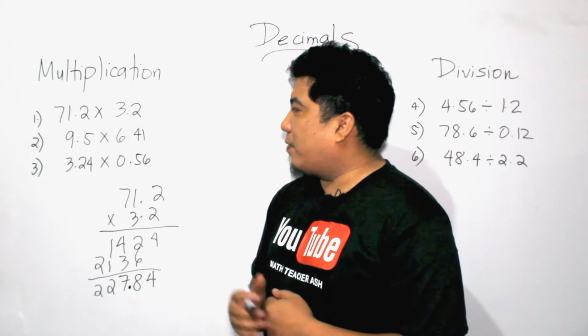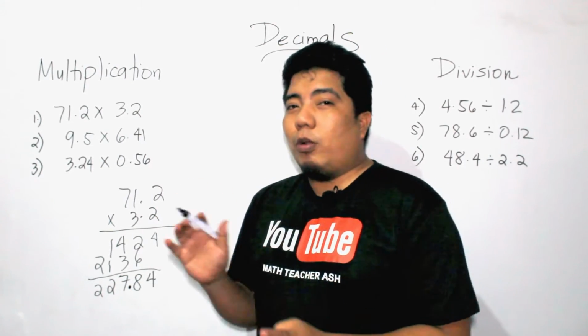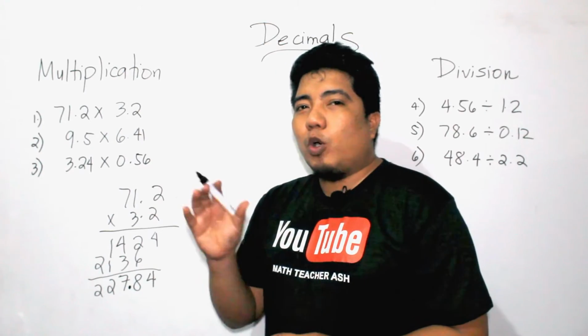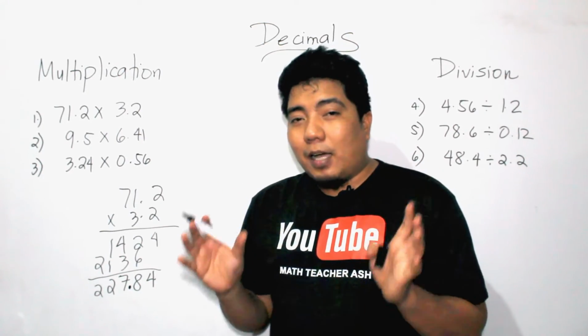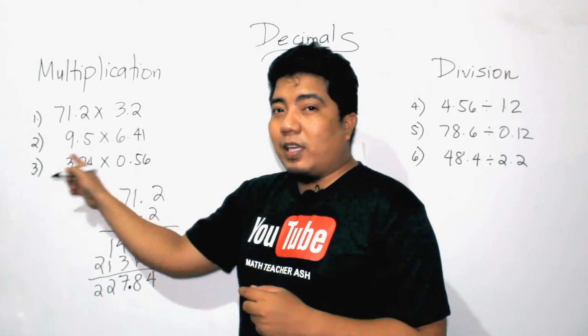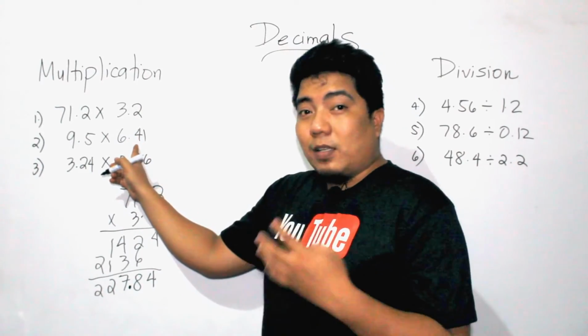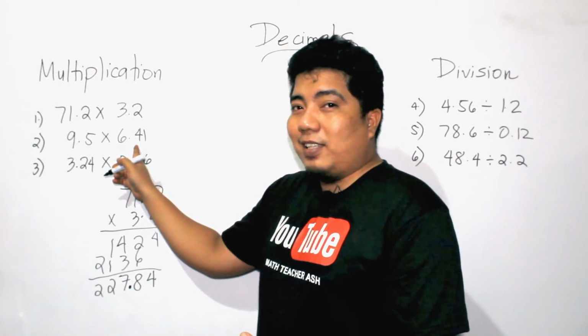Now, let's consider the second example. That is 9.5 times 6.41. In writing this in column form, I suggest that you always write first the number with more digits. Of the 2 given factors, this is the one with more digits.